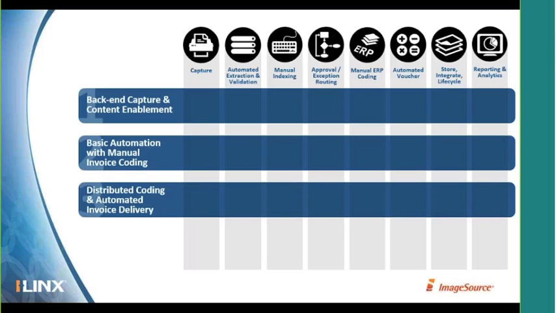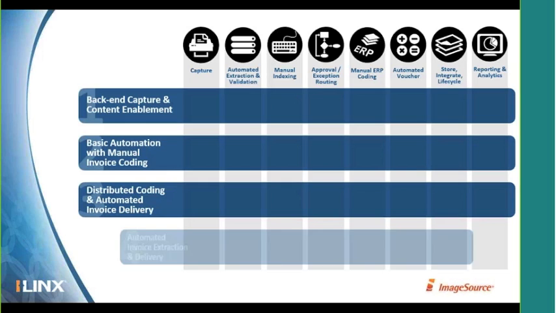Level 3, the workflow gets more robust and extends its reach to involve more people in your organization. Solutions at this level often will deliver the invoice information directly into the financial system, eliminating the manual keying of the information into your financial system.